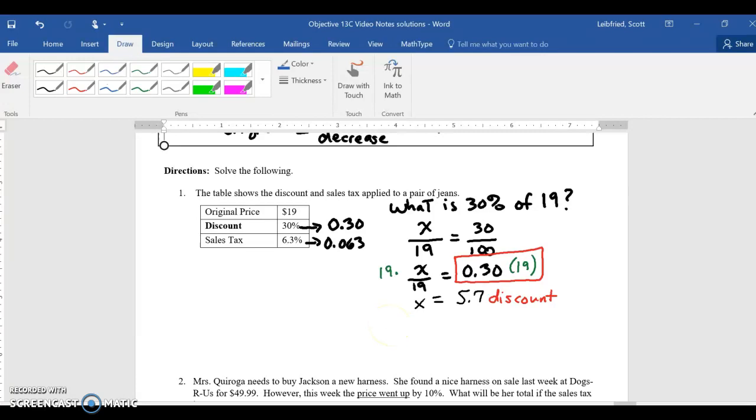So if we go over here, we have 19, and we're going to subtract our discount, 5.7, which is basically $5.70. So if we take 19 minus $5.70, we get $13.30. So that'll be our new price.